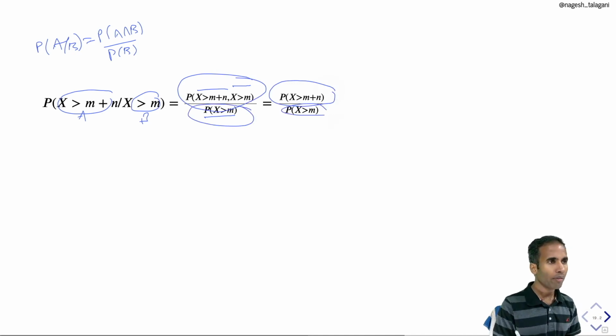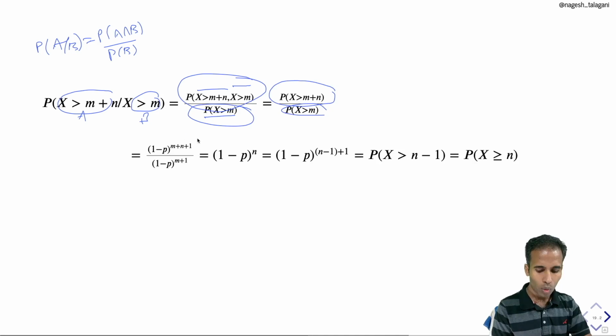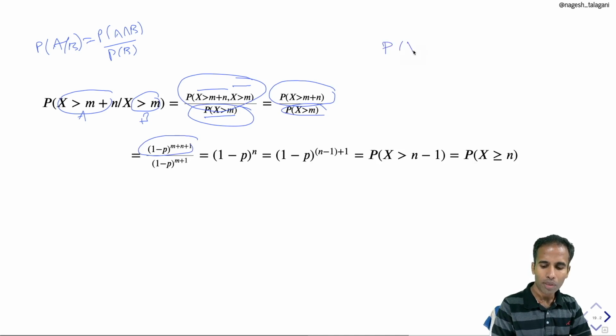Now we know how to compute the probability of x bigger than m plus n. It's going to be (1 minus p) to the power of m plus n plus 1, because for the probability of x bigger than i we got (1 minus p) to the power of i plus 1, right? So here i equals m plus n, so the numerator is (1 minus p) to the power of m plus n plus 1.